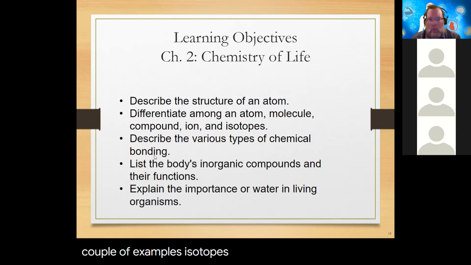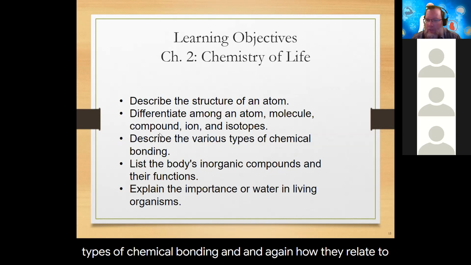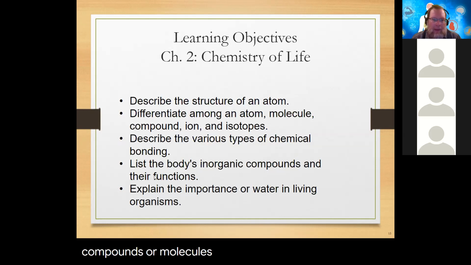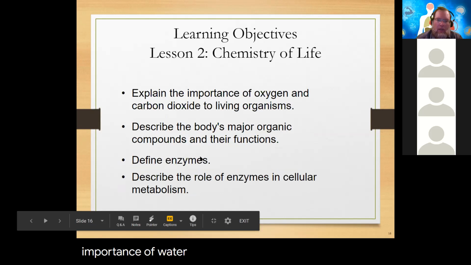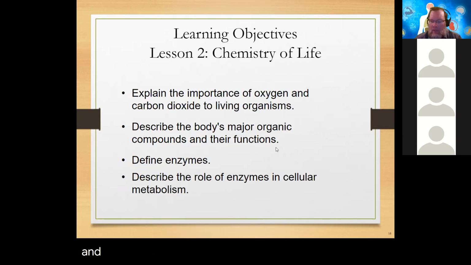Isotopes. We'll look at a couple different types of chemical bonding, and again, how they relate to compounds or molecules. We'll look at inorganic compounds. We'll look at organic compounds. We'll look at water, the importance of water, and then talk a little bit about enzymes and their role.